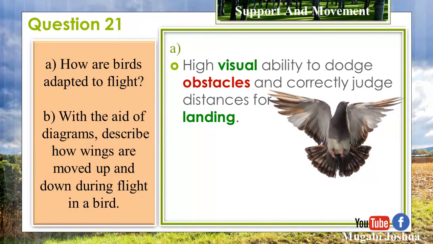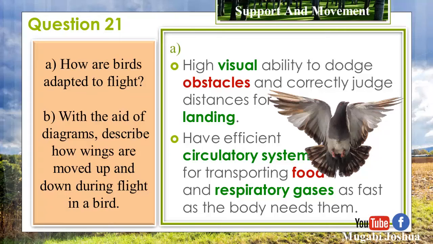They have high visual ability to dodge obstacles and correctly judge distance for landing. They also have an efficient circulatory system for transporting food and respiratory gases as fast as the body needs them.